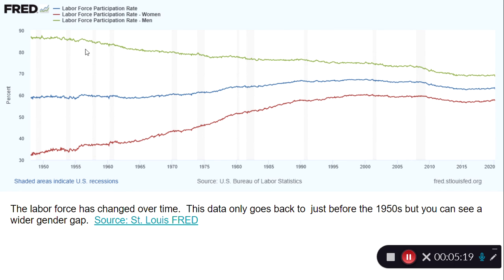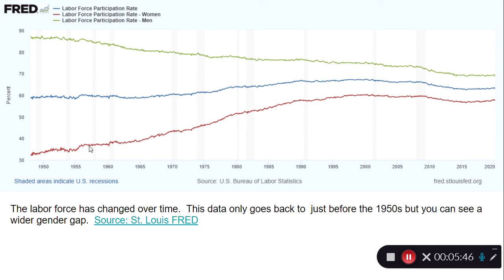Looking at the labor force participation rate for men, it was 60% in the 50s, went up a bit, and now it's maybe, I don't know, 64, 65% of men in the labor force actually participating. So these are folks that could participate. And then, of course, women have increased the labor force participation rate a great deal.